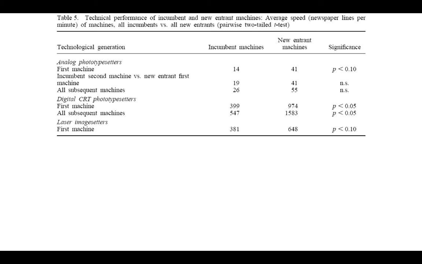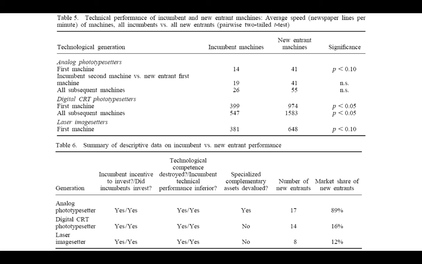Let's look at the results now. In this table to the left, technological generation, you have analog photo typesetters, digital CRT, and then laser image setters. In the first column with numbers, you have incumbent machines and the performance of those machines compared to new entrant machines. In the next table, you have whether there were incentives for incumbents to invest or not, and whether they invested or not.